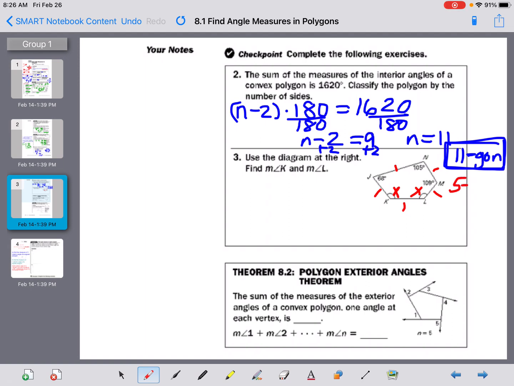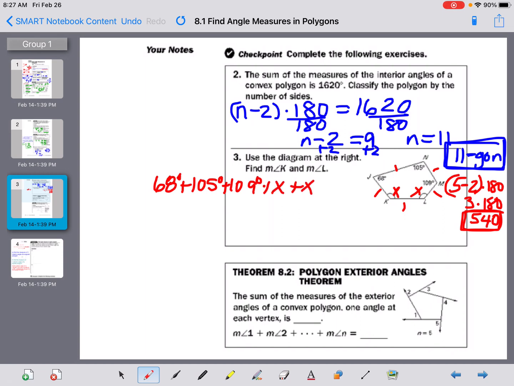So 5 minus 2 times 180. That's 3 times 180, which equals 540. This is important. This changes for every question, so I need to figure that out first. So I'm going to add my angles: 68 plus 105 plus 109 plus x plus x equals the number I just found, 540.